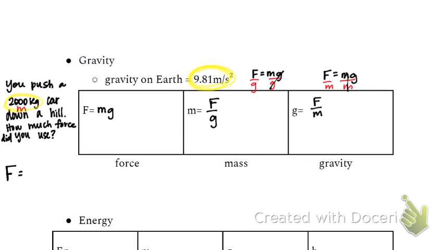We're looking for F. So force is just mass times gravity. We're Hulk, okay? So what are we doing? Times 9.8. So 2,000 times 9.8.